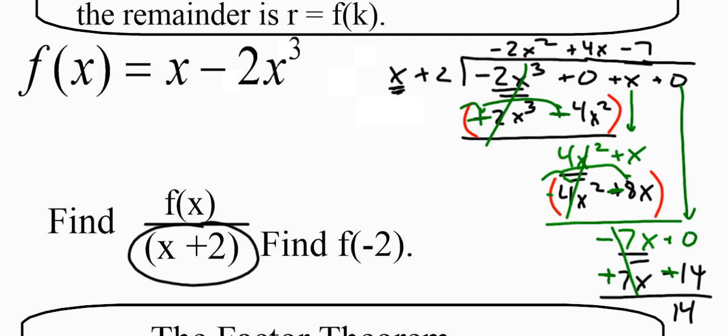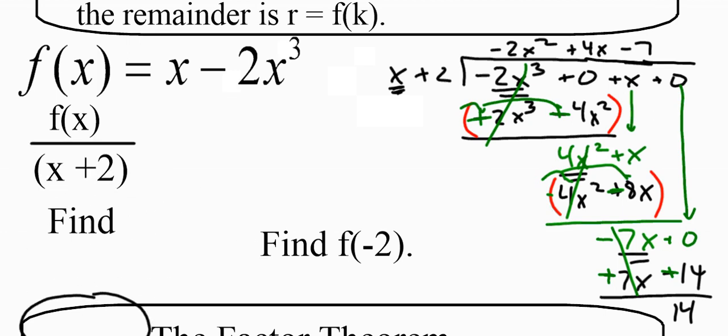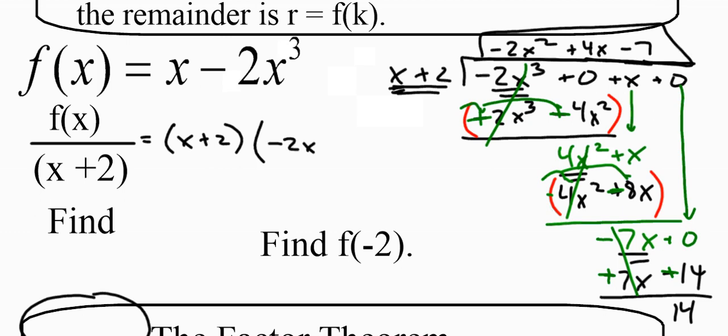From here, we can rewrite this expression. It is actually equal to the divisor, x plus 2, times the quotient, negative 2x squared plus 4x minus 7, plus the remainder, which in this case is 14. That would be one of our equations.